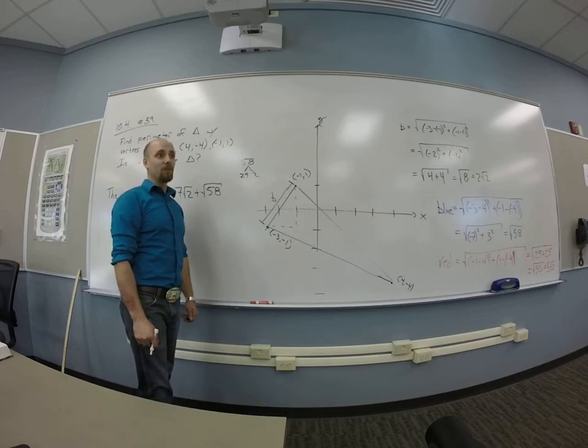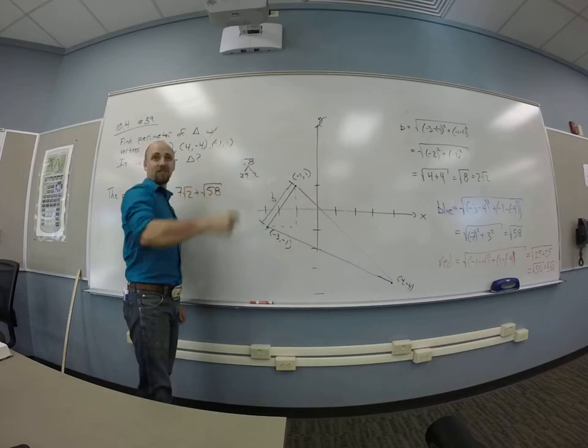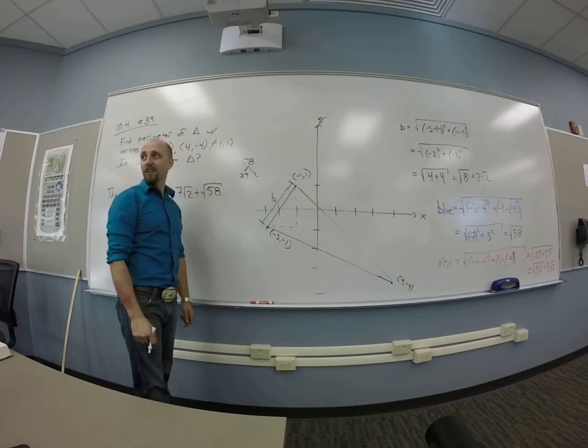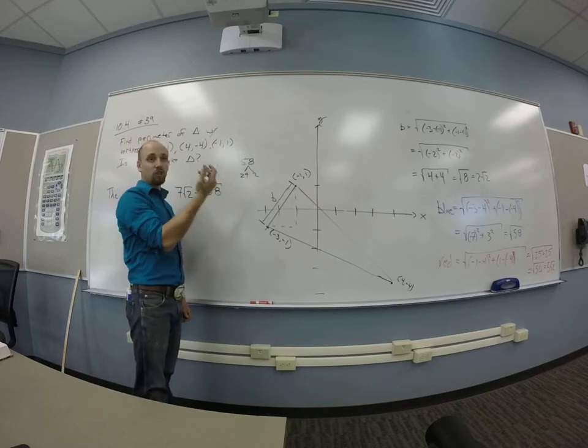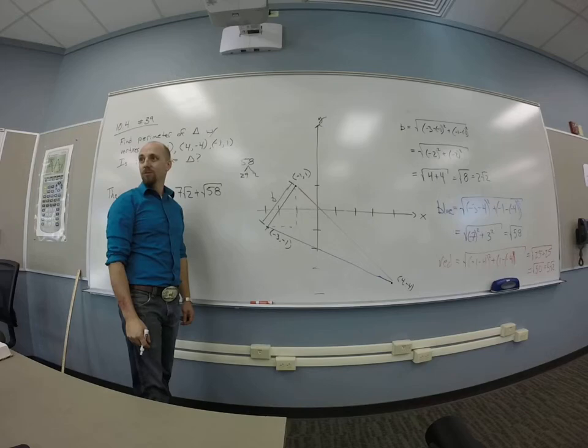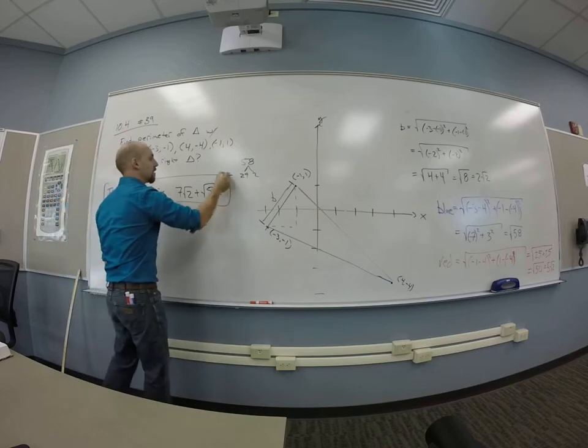But if I'm not willing to go approximately, then I can't simplify the square root of 29, right? No, you cannot. The best I could do is maybe factor a square root of 2 out of everything, which is not really doing much. So I wouldn't worry about this. I would say that's the perimeter.